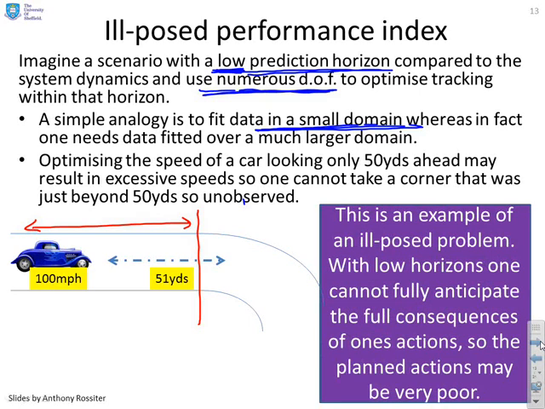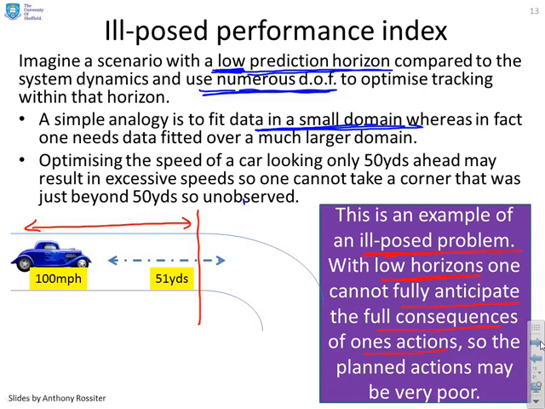Now, what are we trying to get at here? These are examples of ill-posed optimizations. The problem you've actually solved is not well thought through. Because you've focused on using low horizons, you cannot fully anticipate the full consequences of your actions. And so the actions you're actually taking may be very poor indeed.